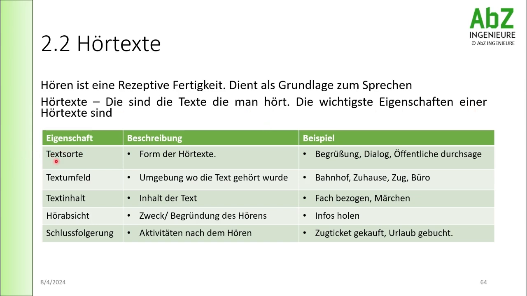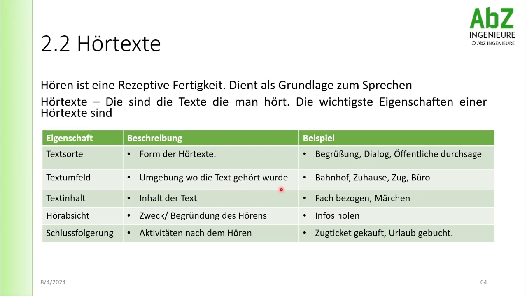So, first is Textsorte. It is the form of the Hörtext. Typical examples are Begrüßung, like Guten Tag, Guten Morgen, Dialog, öffentliche Durchsage, also in a train station, etc. Then we have Textumfeld, meaning the environment where the text is being spoken and where we hear the text.